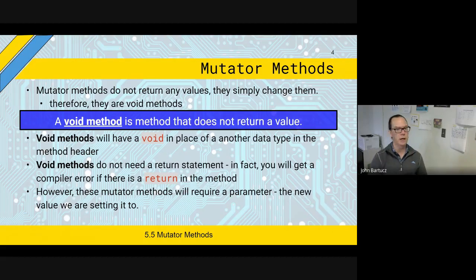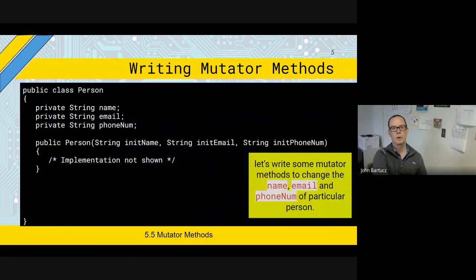And then you're not going to get anything back. You're just going to set the method and that's it. So you do not want to return the balance. You don't want to return anything at all. We're just going to send it the value we want, set it, and forget it.